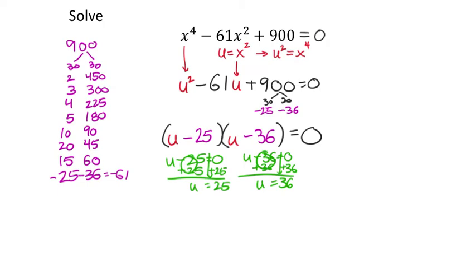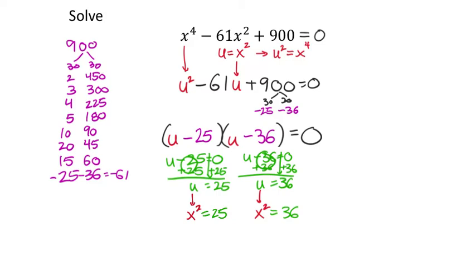Now, from here, we solved for u, and that was great. But at the beginning, we had u is x squared. So instead of it being a u, I have to go back and replace it with what it was, and that was x squared for both of these. So x squared should be 25, but x squared should be 36 as well.